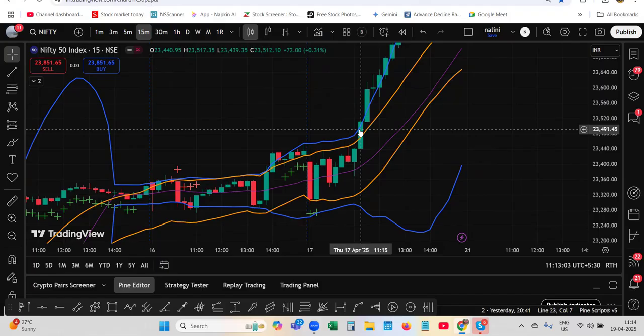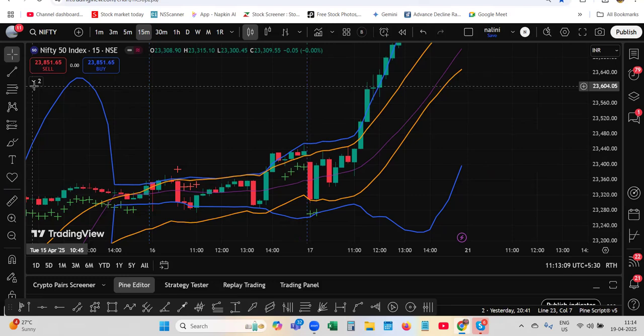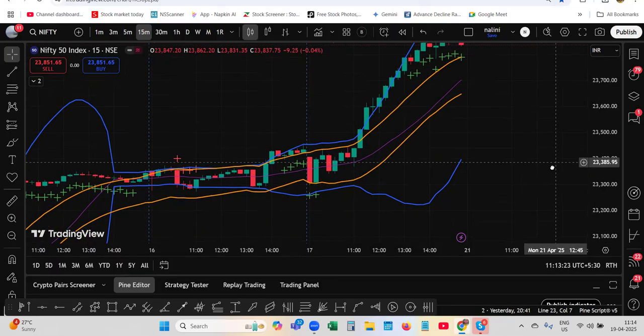So you are getting an entry. I'm restricted to only 2 indicators, that's why I'm not applying RSI, but RSI clearly showed above 60. That confirmed everything, momentum building.